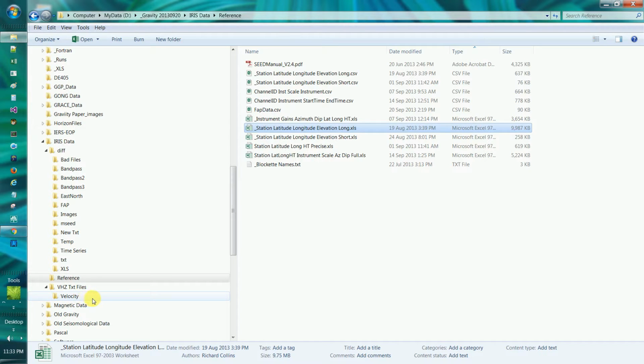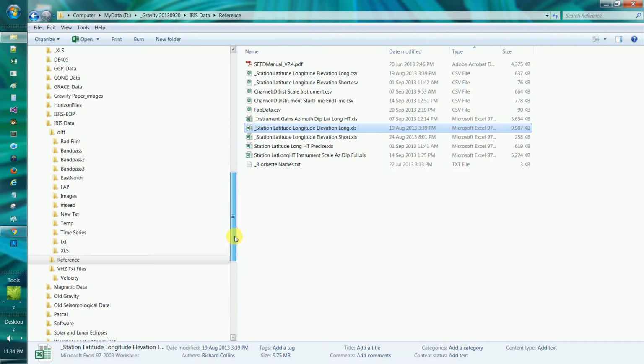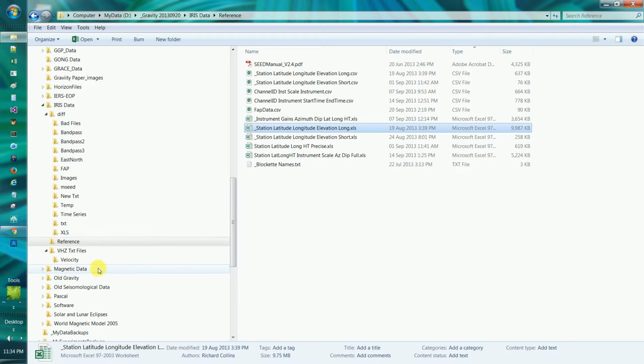You see this little note in here. It's hard to see maybe for you, but it says velocity, and I'm reminded to have humility, because for the longest time I didn't know. I made the mistake of trying to compare the velocity to the acceleration, and I kept saying, why am I not getting results? Because I didn't know what the signal was.